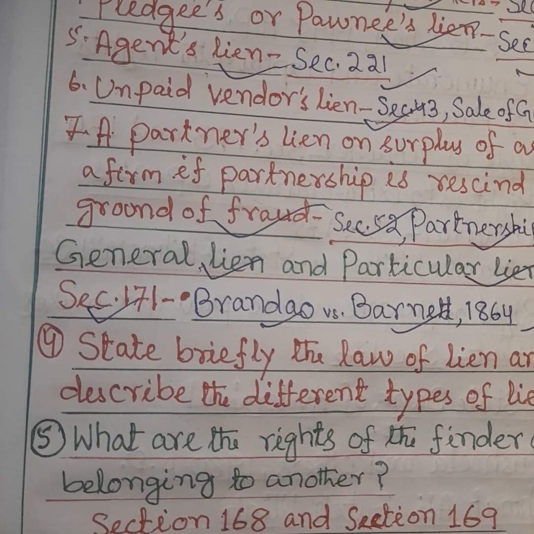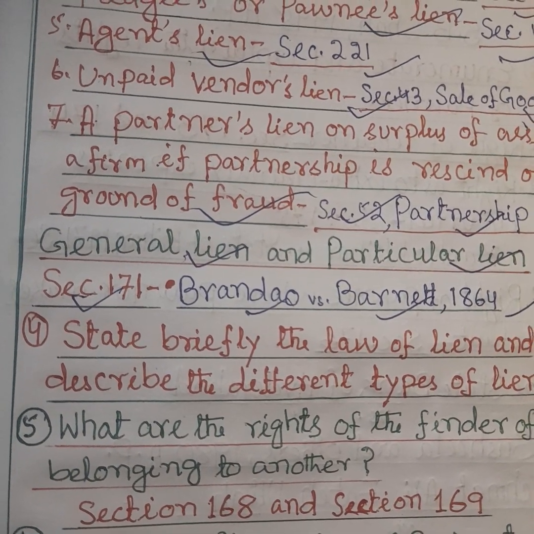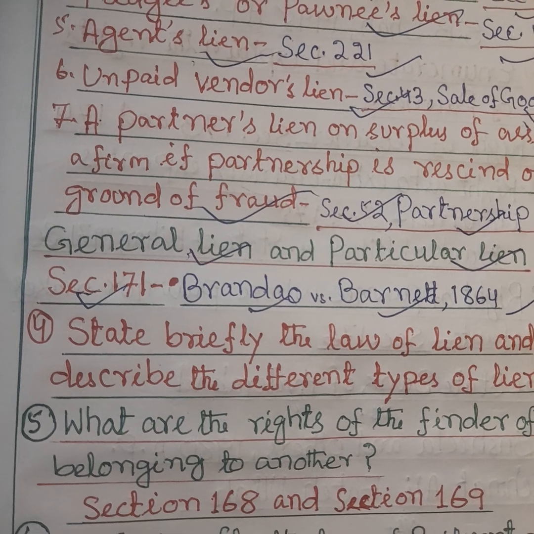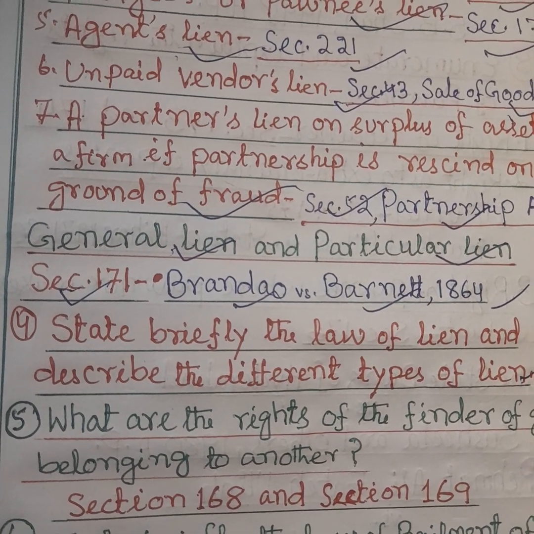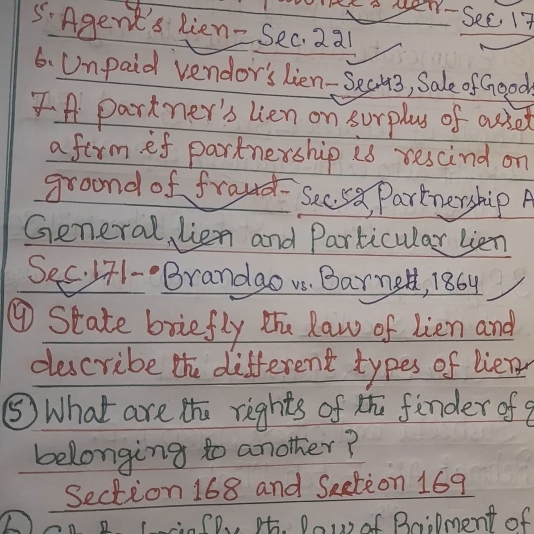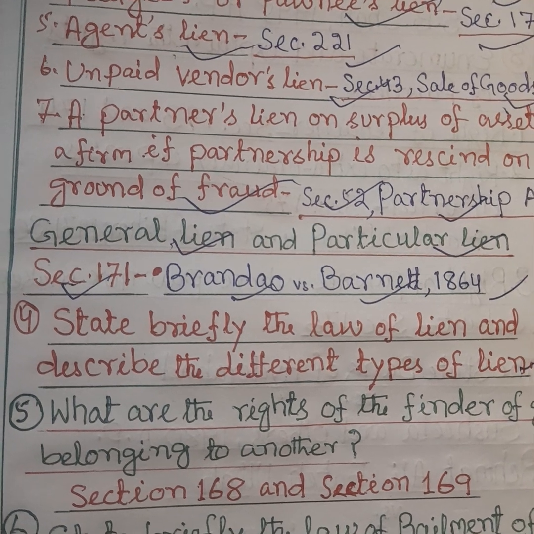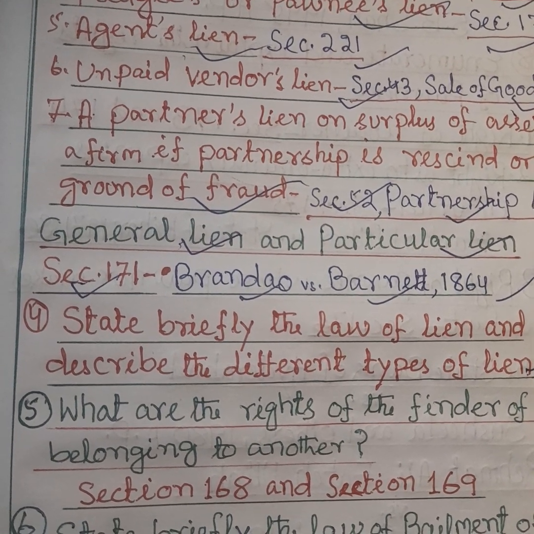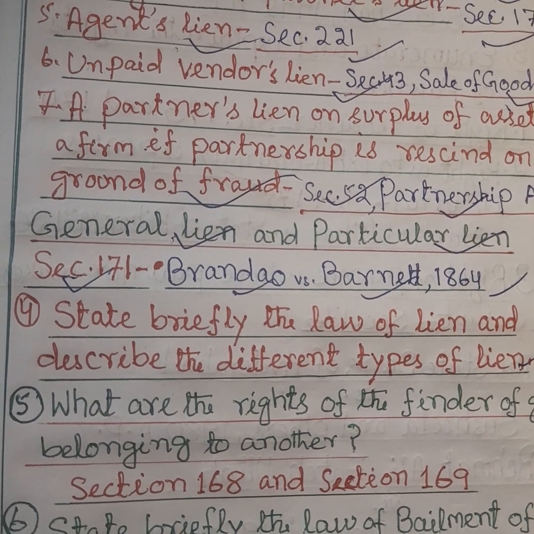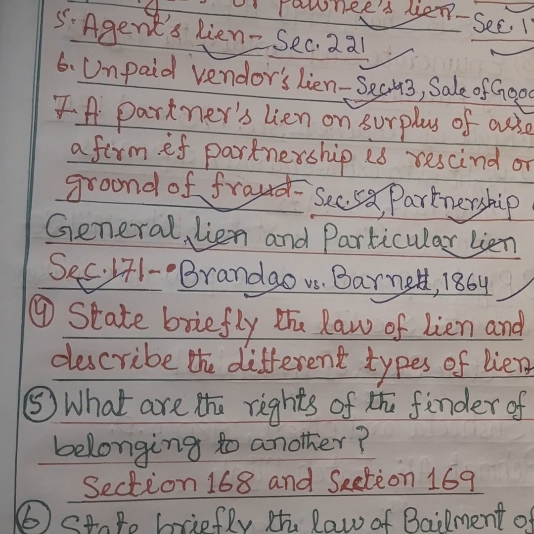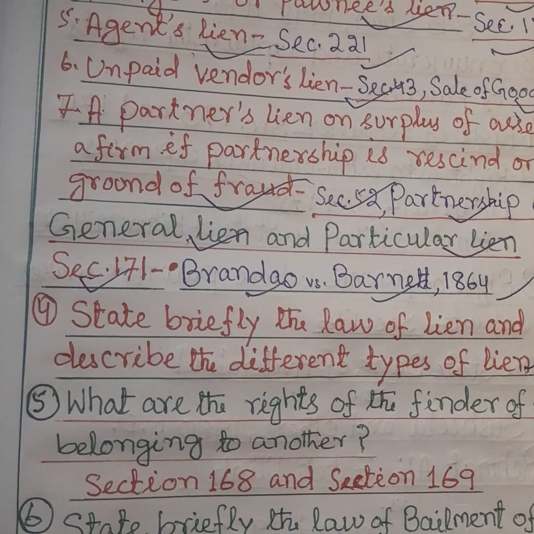In relation to that, a general lien is a right to retain any property of another for a general balance of accounts due to the person specified. A particular lien is a right to retain it only for a charge on account of labor or skill employed or expenses bestowed upon the identical property retained.